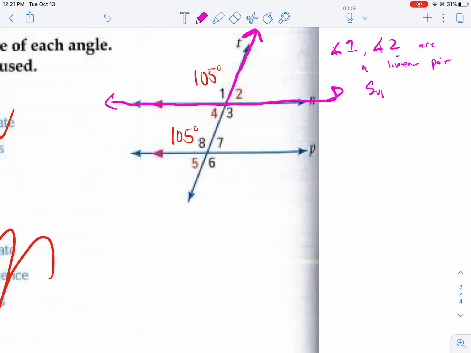Linear pairs are supplementary, which means the measure of angle 1 plus the measure of angle 2 is equal to 180 degrees. And so in order to find the measure of angle 2, I'm going to subtract 105 from 180, which gives me a 75. So the measure of angle 2 is 75 degrees.